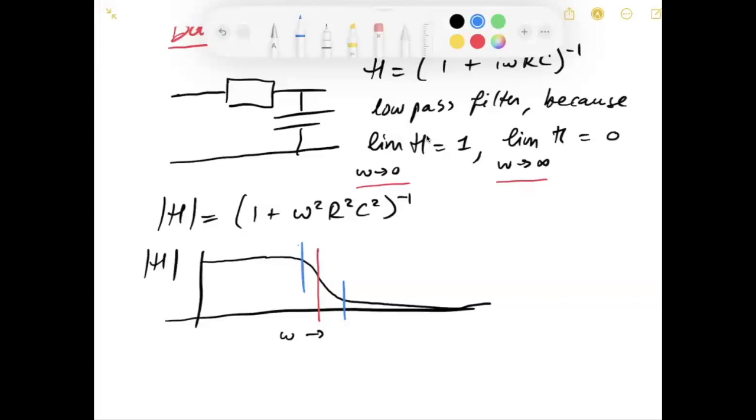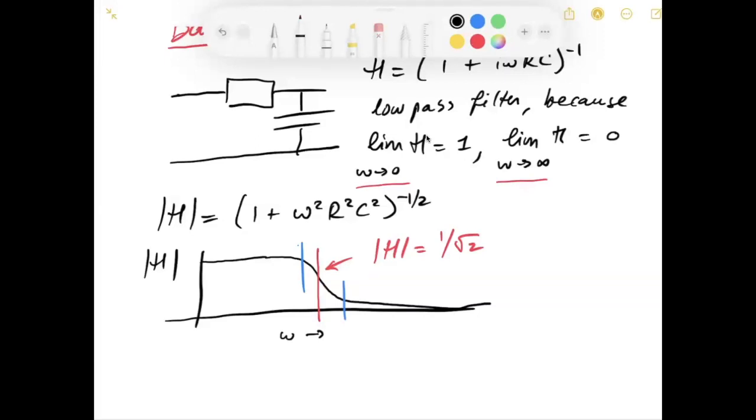But the convention is you place this point where the modulus is 1/√2. And of course you do that because then, oh, I forgot something. That's -1/2. Because if you do that, then the argument in that parentheses just becomes 2.